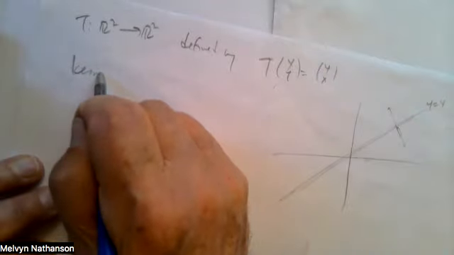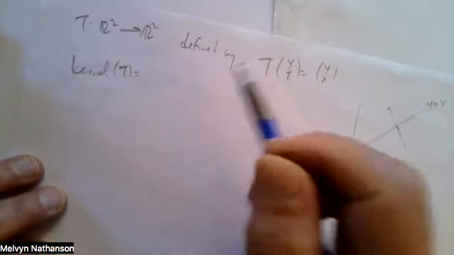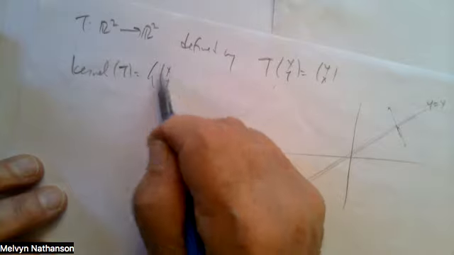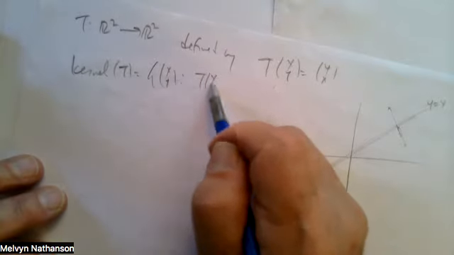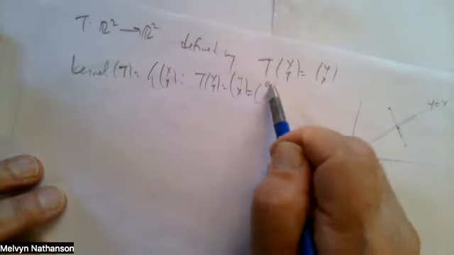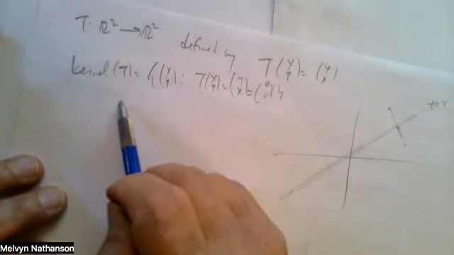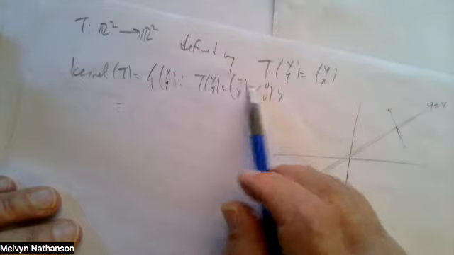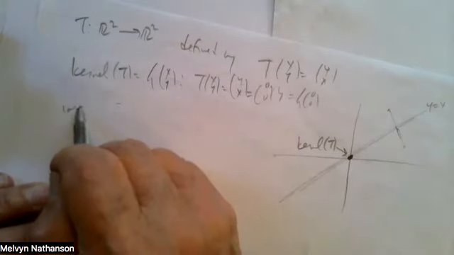So the kernel of T is all (x, y) such that T of (x, y), which is (y, x), is equal to 0, which means y equals 0 and x equals 0. It's just the 0 vector. So for this linear transformation, the kernel of T is just the 0 vector. And what is the image of T?